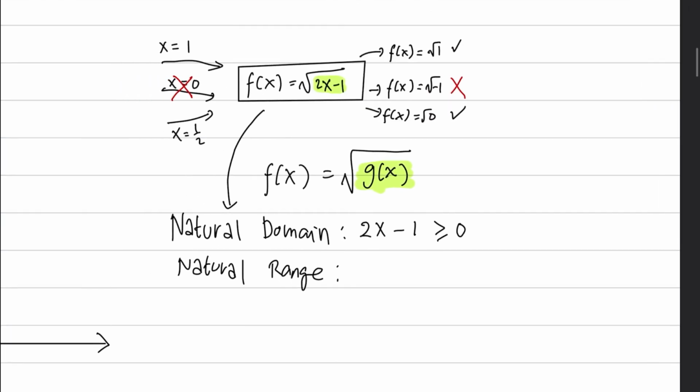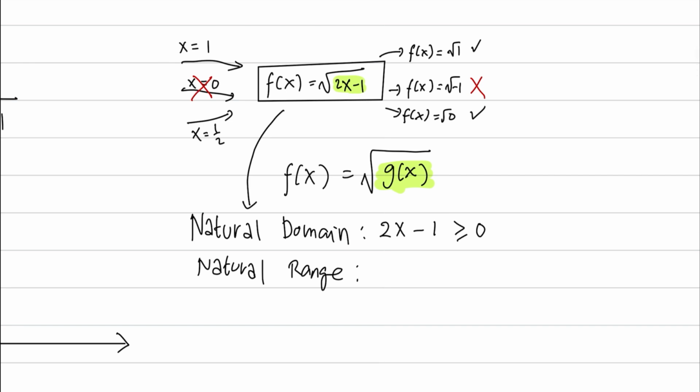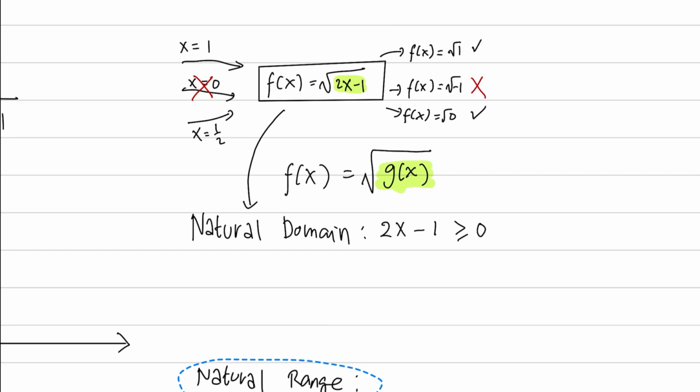After that, you solve. Add 1 to both sides, you will get 2x ≥ 1. Then divide by 2 on both sides, and you will get x ≥ 1/2. So our natural domain for this radical function is x ≥ 1/2.